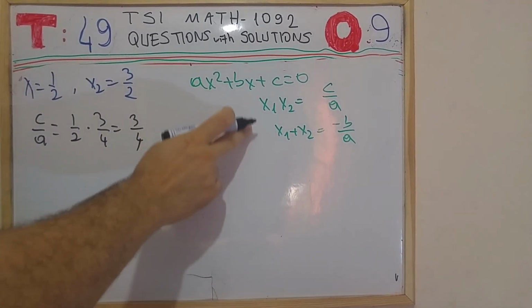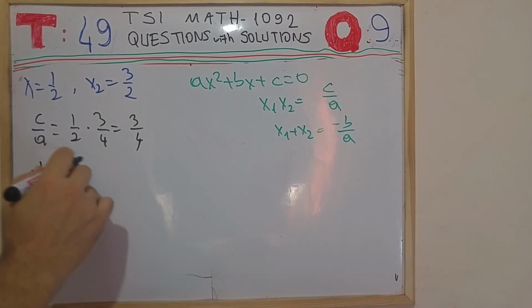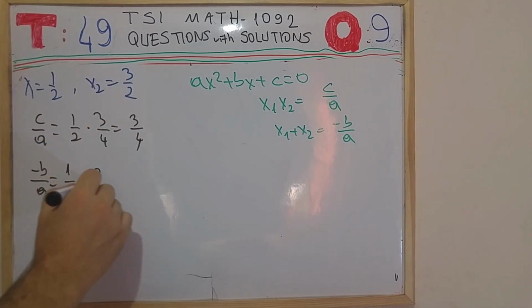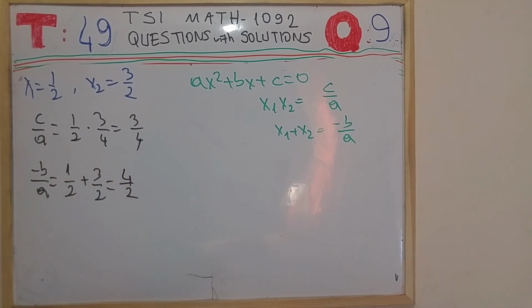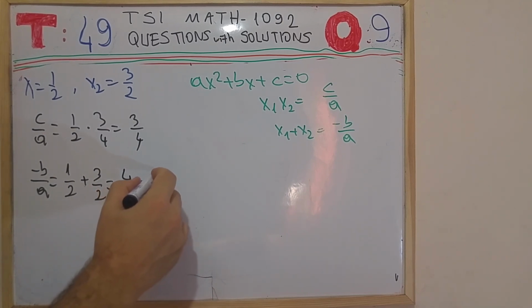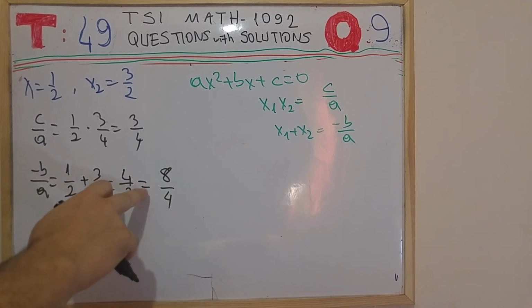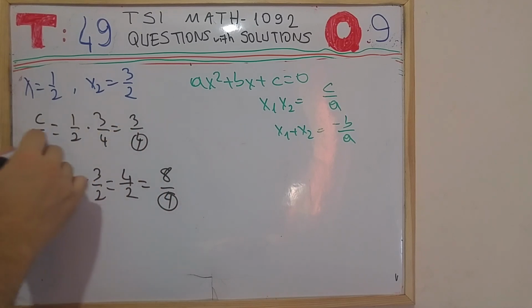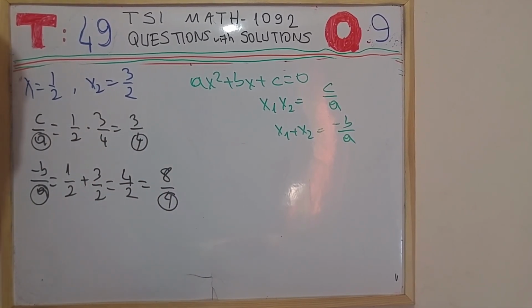And let's find the other one. Minus b over a is equal to 1 over 2 plus 3 over 2, which is equal to 4 over 2. Or you could say, for convenience reasons, 8 over 4. The reason that I say it is equal to 8 over 4 is that I need to find a here. So now I was looking for some ratio.